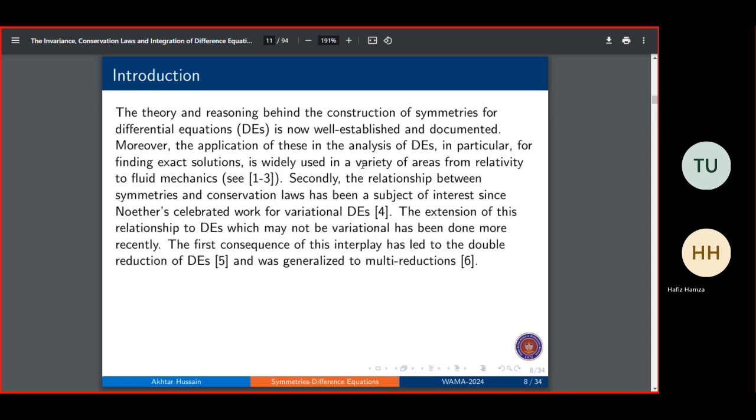Secondly, the relationship between symmetries and conservation laws is of much importance since Noether celebrated this work for variational differential equations, and then this was extended by others, Bluman and Anco. The first consequence of this interplay led to a double reduction that was done by Sjöberg, and then that was generalized to multi-reductions.